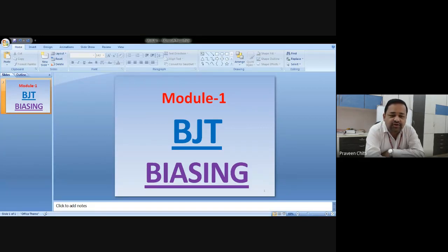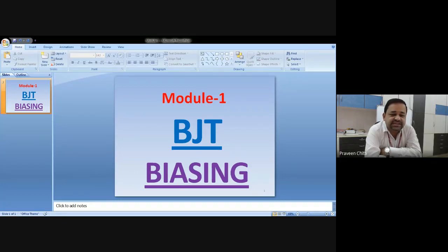Depending on which semiconductor we sandwich between a pair of opposite type semiconductors, there are two different types of bipolar junction transistors, called the NPN transistor and the PNP transistor.